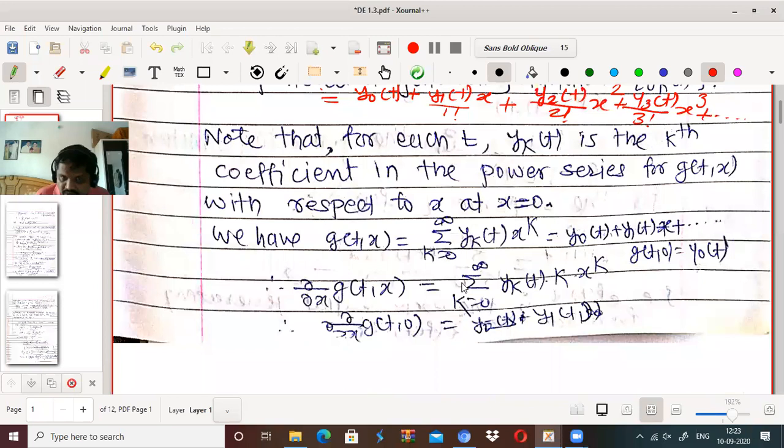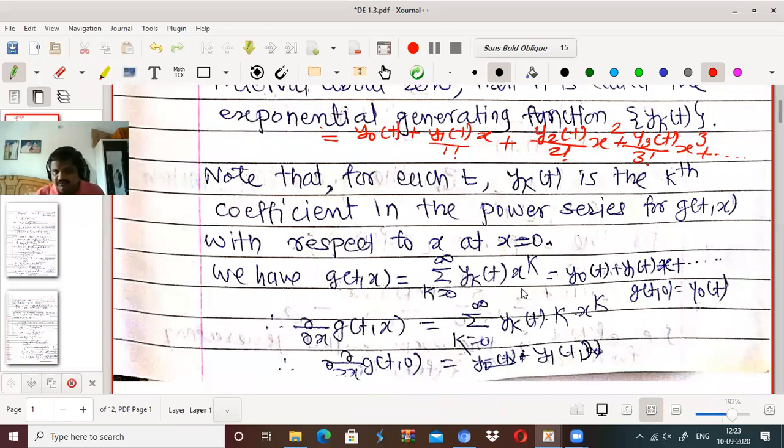Now we can find each of these y0, y1, y2 and so on. How can you find them? Suppose gtx is equal to the sum over k from 0 to infinity of ykt x to the power k, the generating function for the sequence ykt. That can be written as y0t plus y1tx plus y2tx square and so on. Now if I put x equal to 0 in this equation, the left side becomes g at t comma 0, and on the right side, y0t plus y1t into x, if I put x equal to 0, this term is 0.